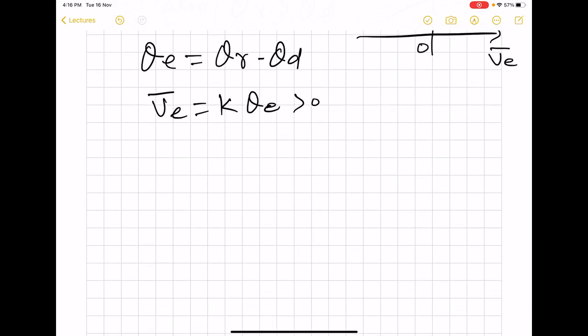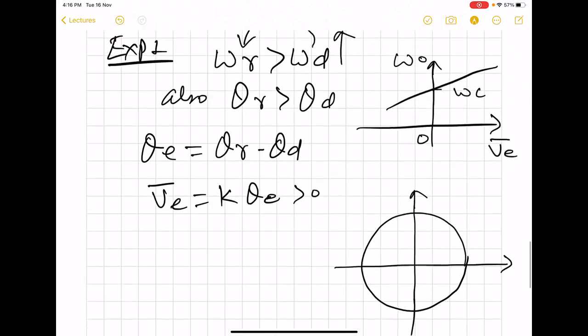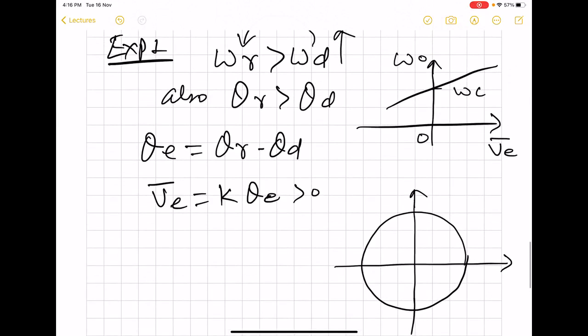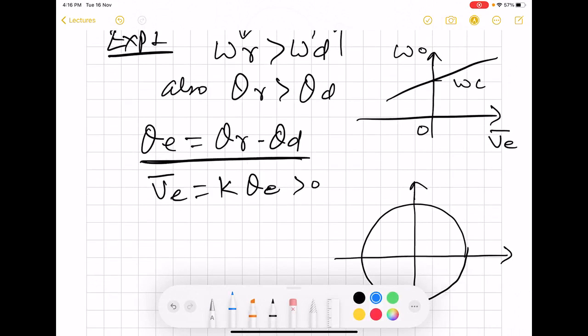So this scenario we will represent in the form of circular motion, and from there we will try to interpret the functionality of this PLL. So what we have shown here is there is positive phase error. That means at t equal to 0, say we have this scenario.